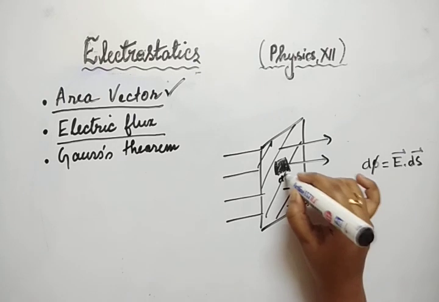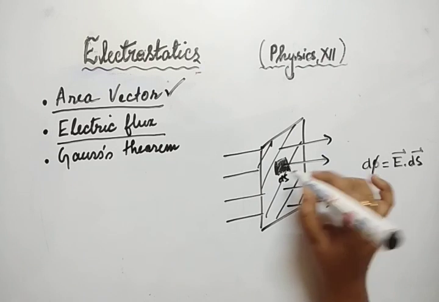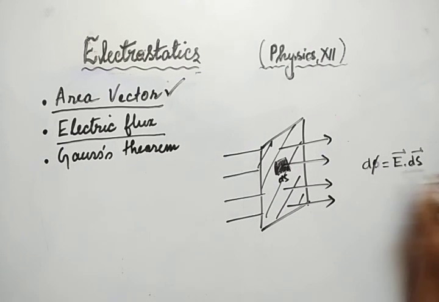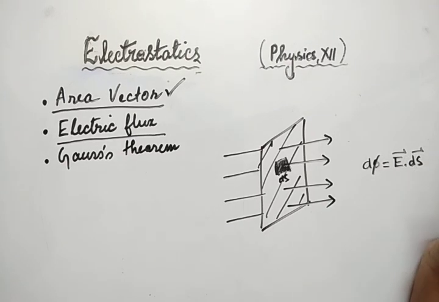So d phi will be the dot product E dot ds. Since it is the dot product of two vectors, the electric field vector and the area vector, and as we learned in class 11 the dot product of two vectors gives a scalar quantity, d phi is a scalar quantity.